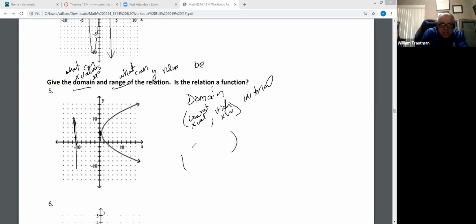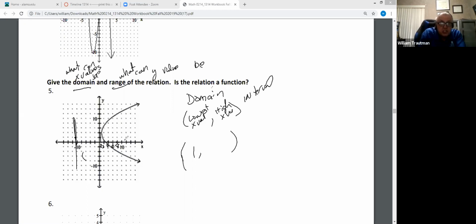So I'm calling it 1. Wait, this is 10, oh, they go by twos: 8, 6, 4, 2, 1. So the smallest x value in this graph is 1. You see the far left of this graph right here. I'm calling it 1. That's 2, 4, 6, 8, 10.